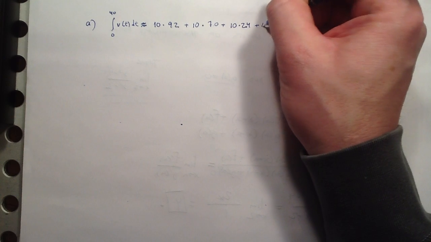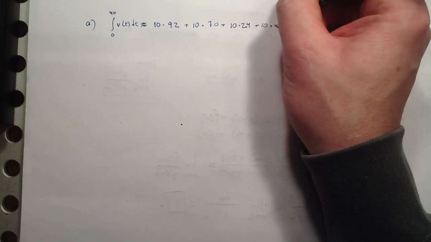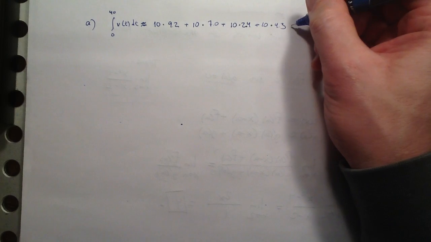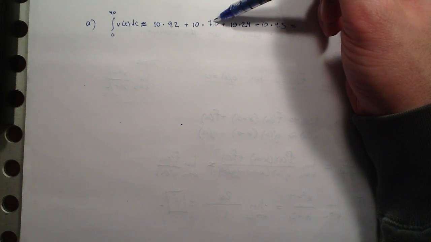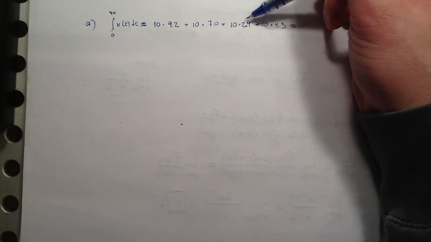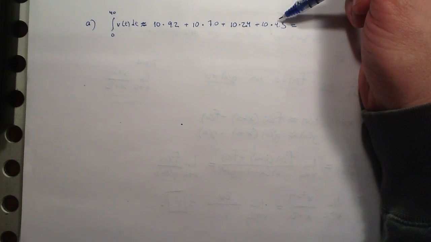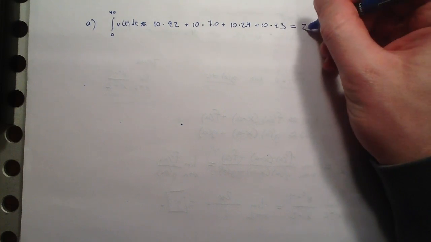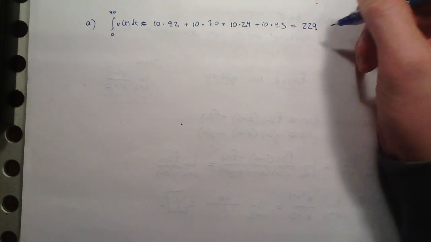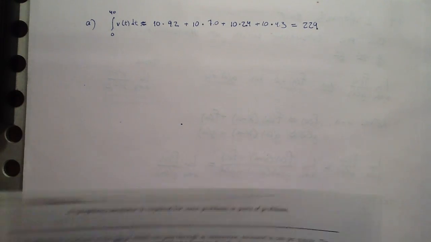And the next one is 10 wide and 4.3 high. So that's 92 plus 70 is 162, 186, 229, I think. You can check my math there, sorry if that's off. 229.